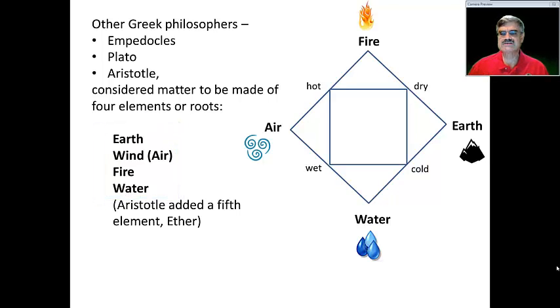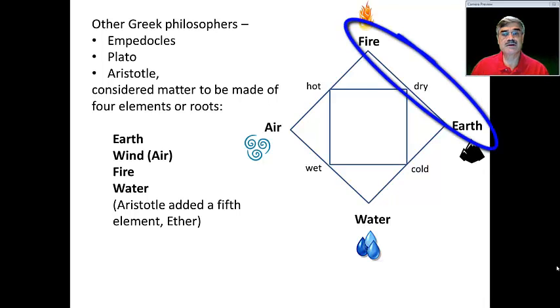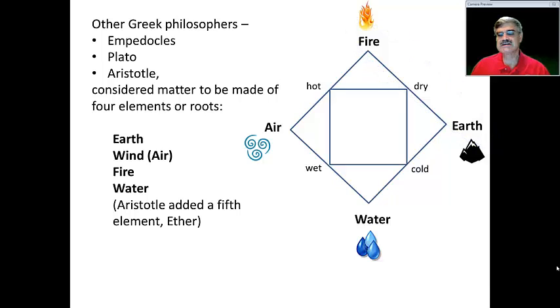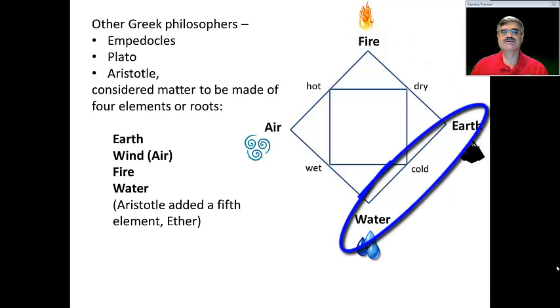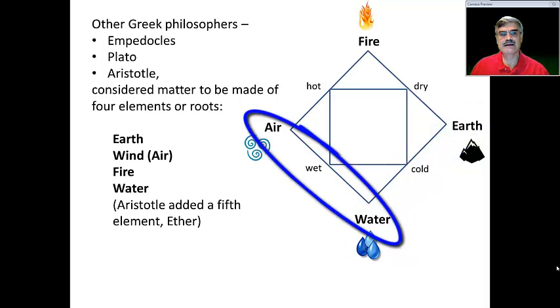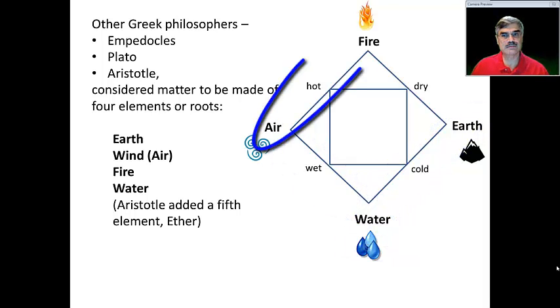And they focused on the properties of these 4 basic elemental components. That is, fire and earth they considered to have the property of being dry. Makes some sense. Water and earth they considered to have the property of being cold. Air and water they considered to have the property of being wet. And fire and air they considered to have the quality of being hot.